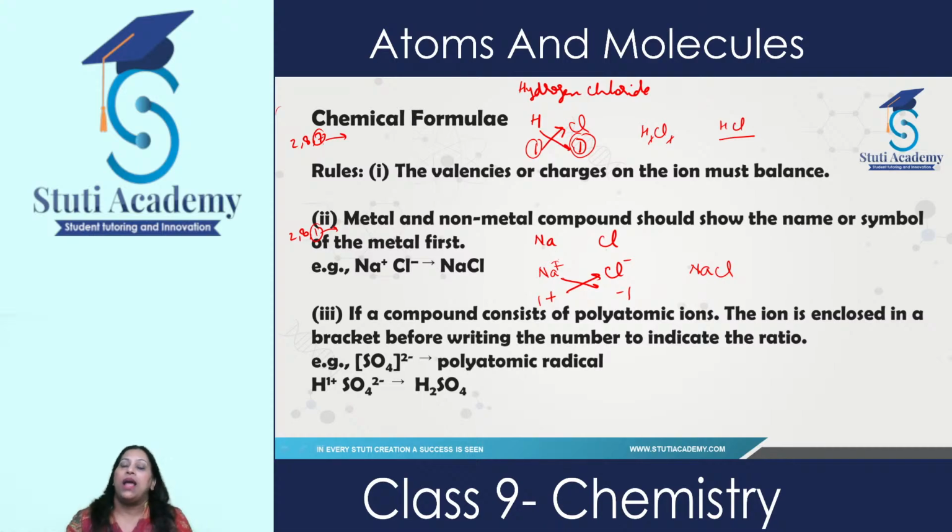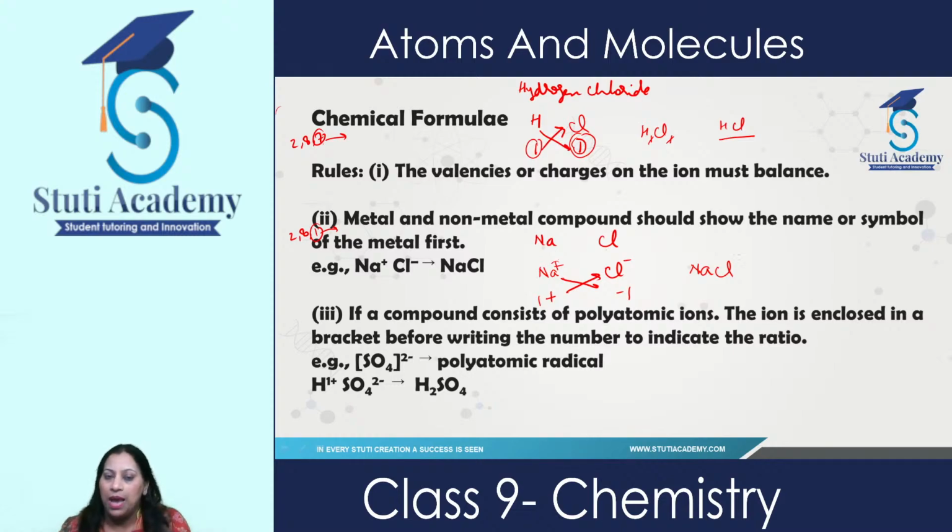And when we are writing a chemical formula, we never write charges on them. Because, to be stable, in ionic compounds, positive charges are always equal to negative charges. And when they are both equal, it becomes neutral. So whenever you are representing any chemical formula, in ionic compounds also, we never use any charge.